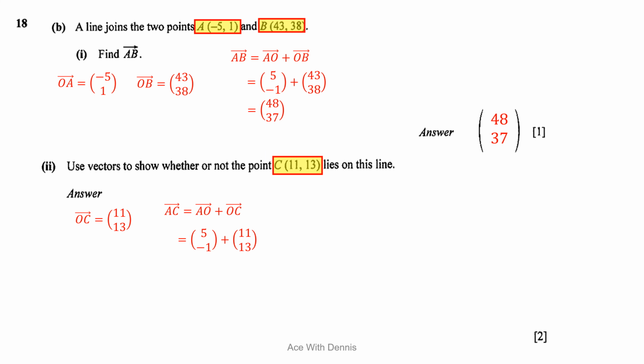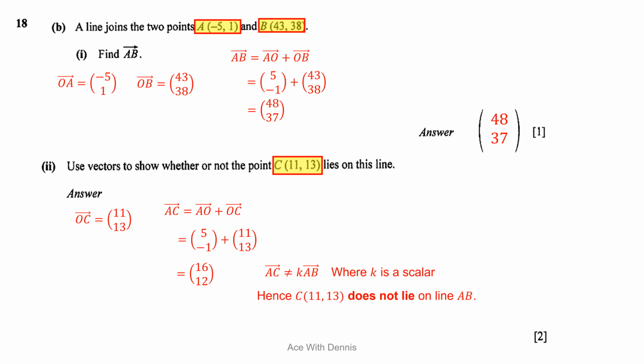Vector AO is 5, negative 1, OC is 11, 13, hence vector AC is 16, 12. And we find that vector AC is not a constant multiplied with vector AB. Hence, where k is a scalar or a constant, point C, 11, 13 does not lie on the line.